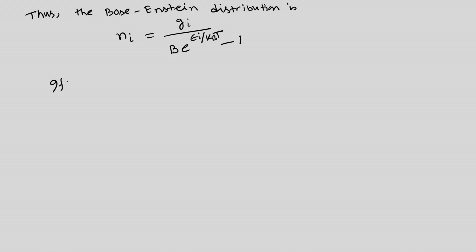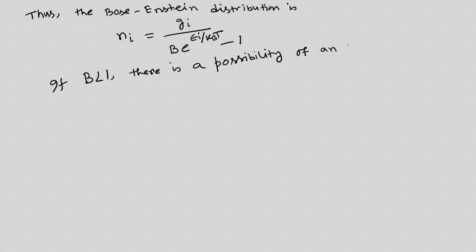So, if b is less than 1, there is a possibility of an energy level epsilon i such that Ni is negative.